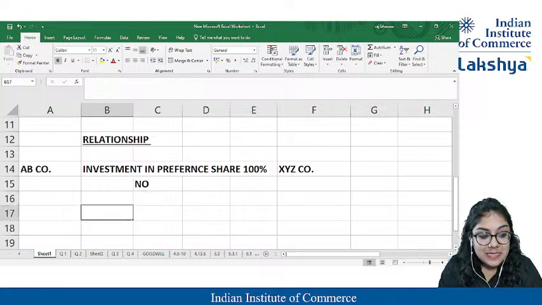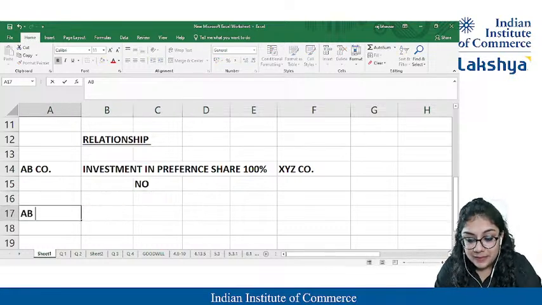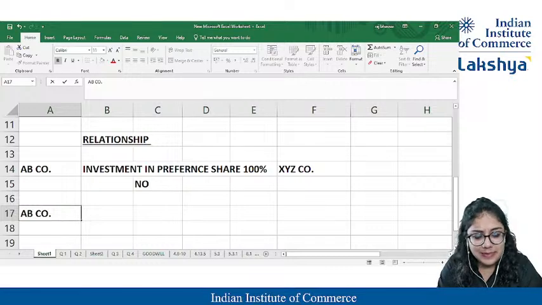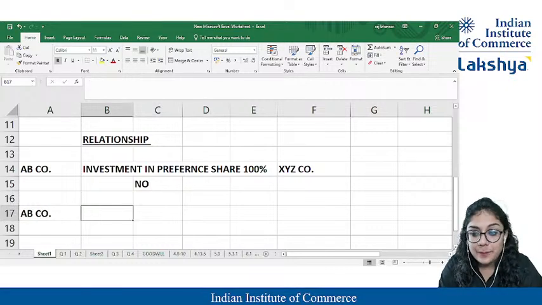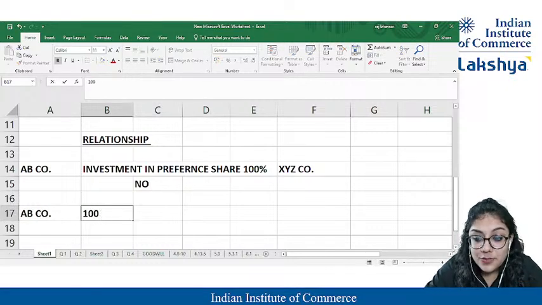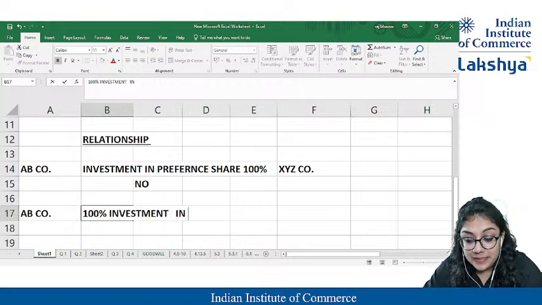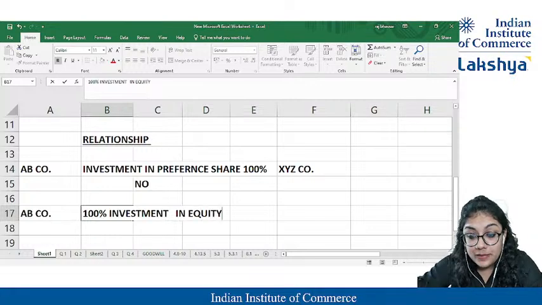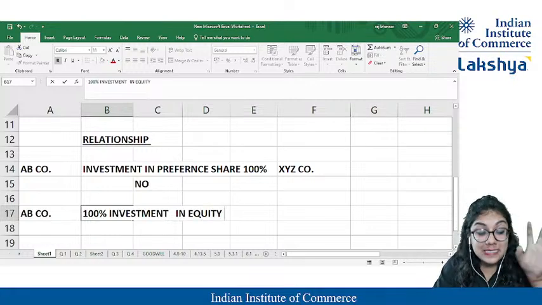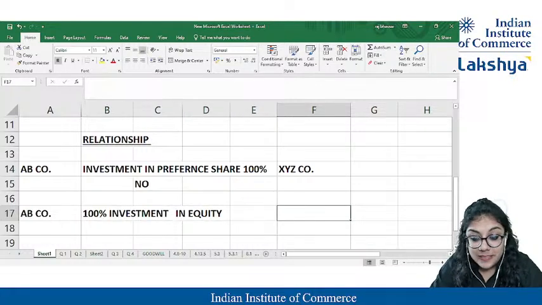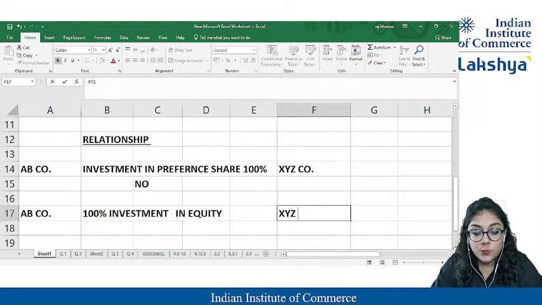Say for example, AB company, suppose I have made 100% investment in equity shares. If I have made a 100% equity shares investment in XYZ company, what will I be known as?